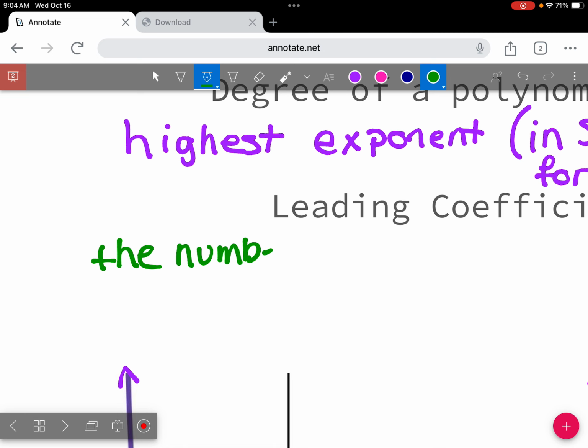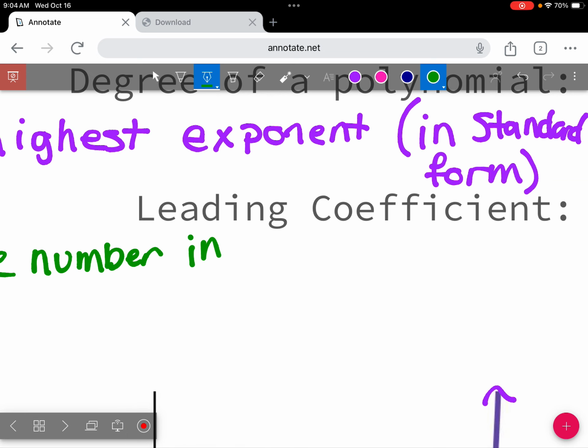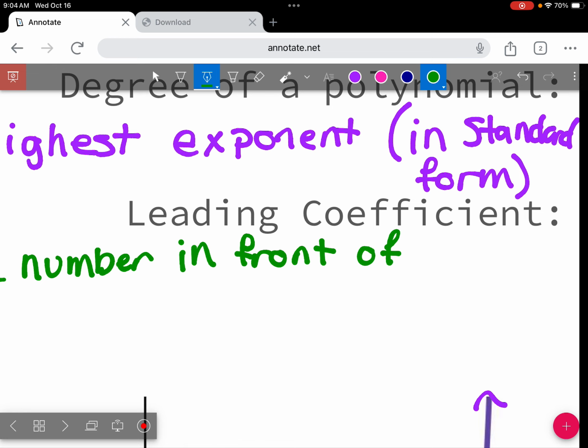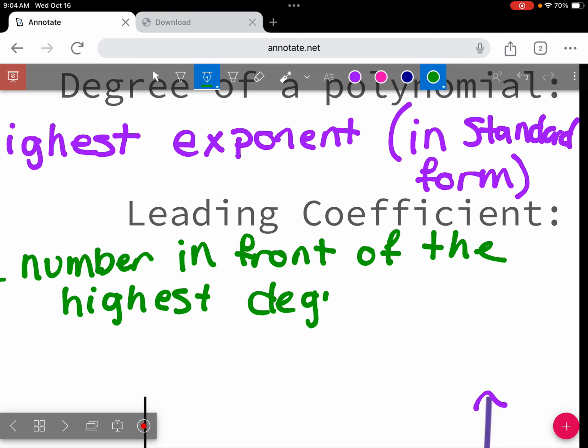The number in front of the highest degree term. And technically, polynomials are equations that have a degree of 2 or higher. I mean, technically it could be 0 and higher, but we don't ever call constants polynomials.